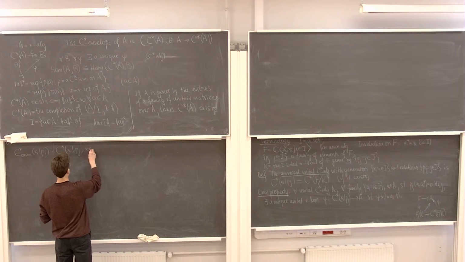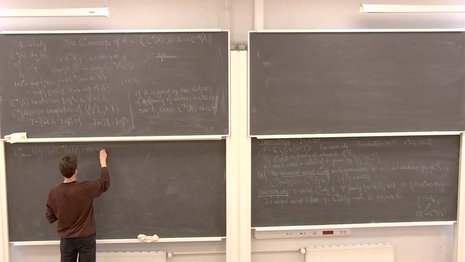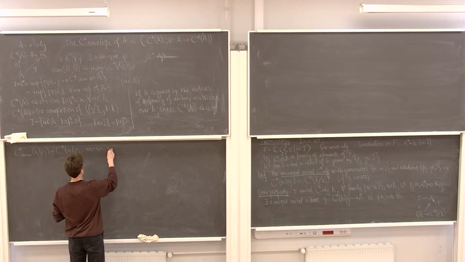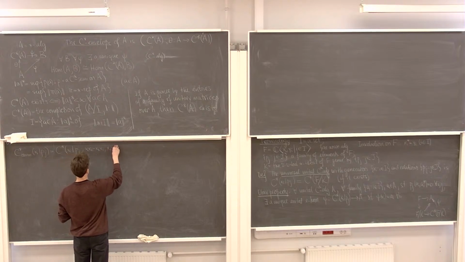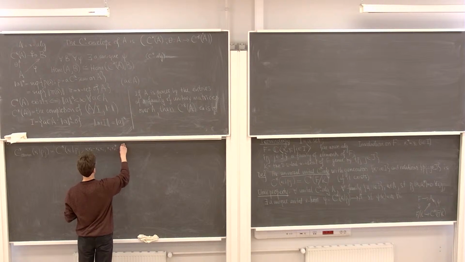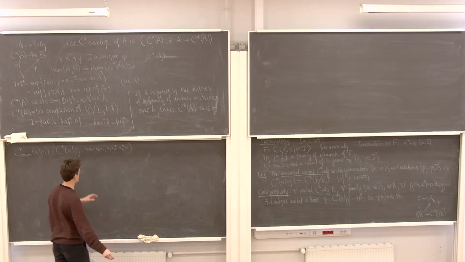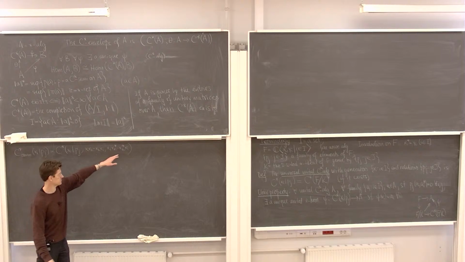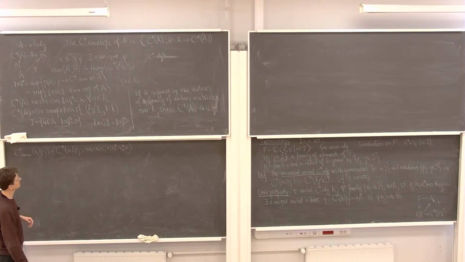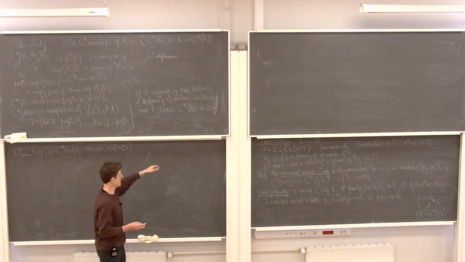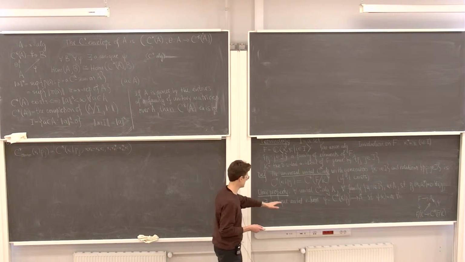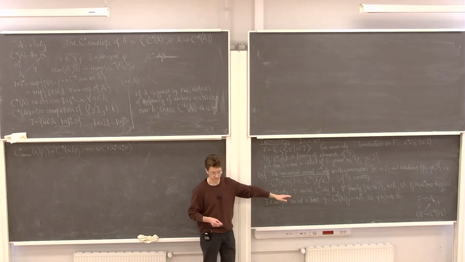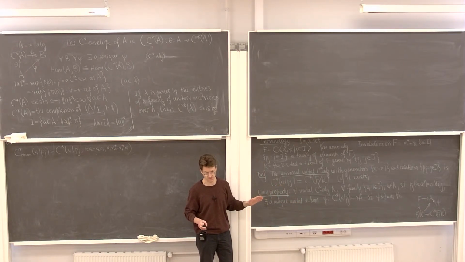So xi xk minus xk xi and xi xk star minus xk star xi. So we add the commutation relations between the generators. As a result, this algebra is commutative. And moreover, it's easy to observe that it has a similar universal property, but only in the class of commutative C-star algebras.